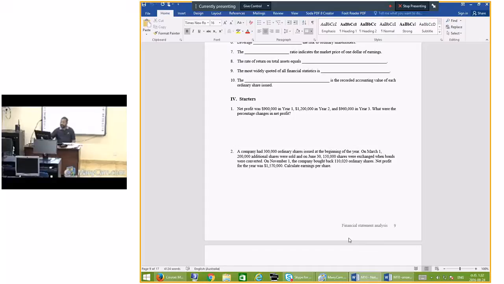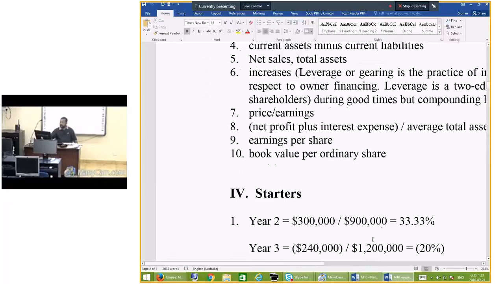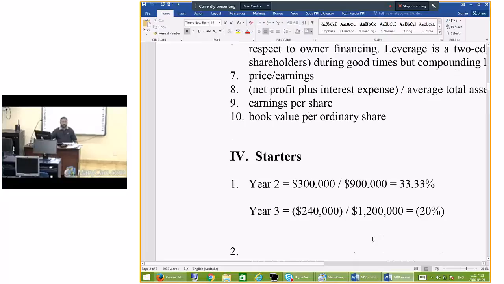And in year 3, 960,000 is reduced by 240,000. Therefore 240 divided by 1,200 is 20% decrease. This is the answer.